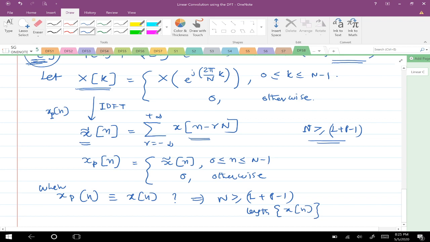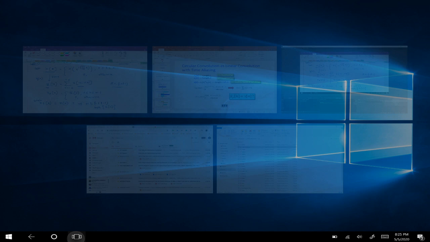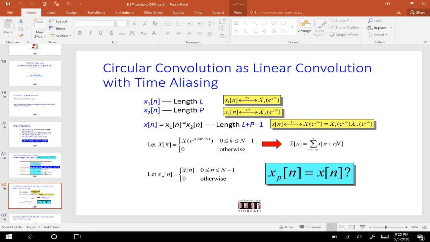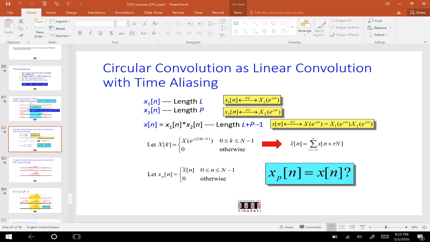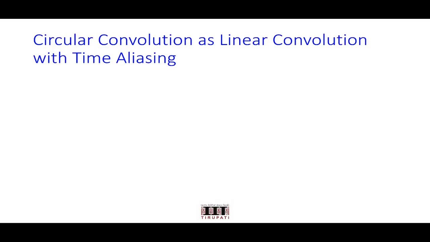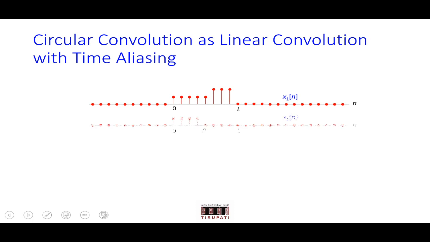So how do we achieve linear convolution through circular convolution? You take an N point DFT of each sequence, where capital N is equal to L plus P minus 1.